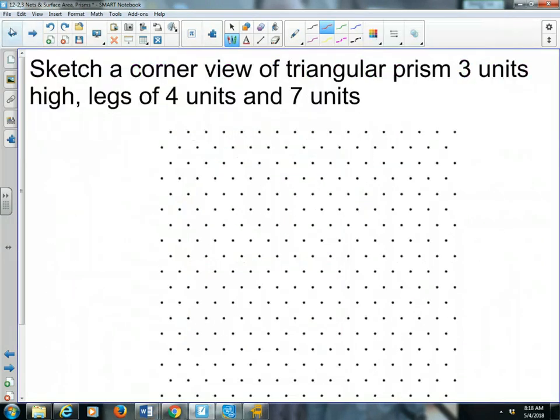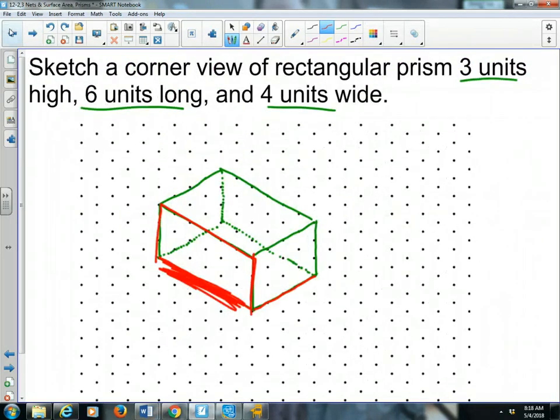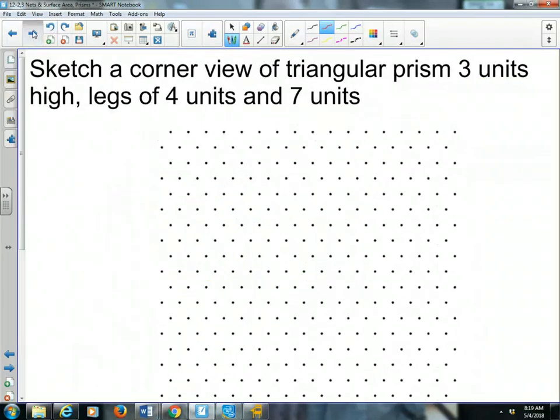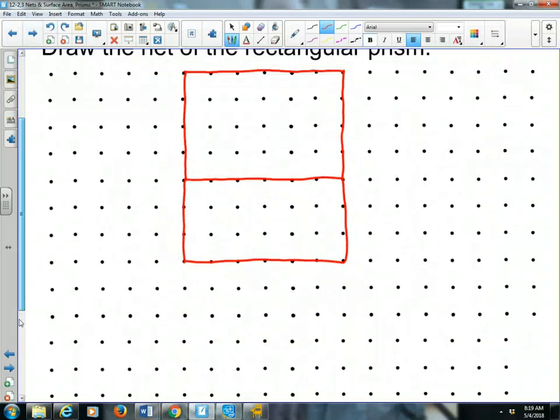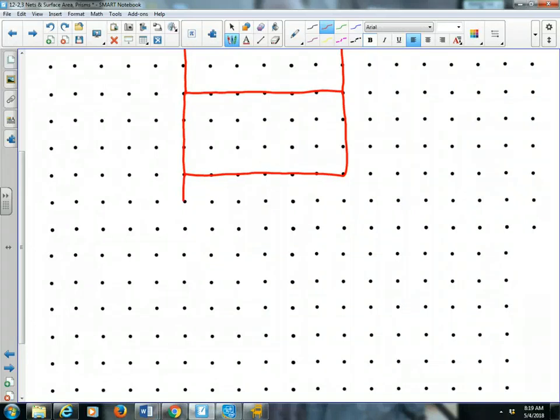Okay, so I have the bottom on my dot paper, and I have the left side right here. Now I'm going to fold down the top right here, which is another 6 by 4. I'm going to fold that over. So another 6 by 1, 2, 3, 4.